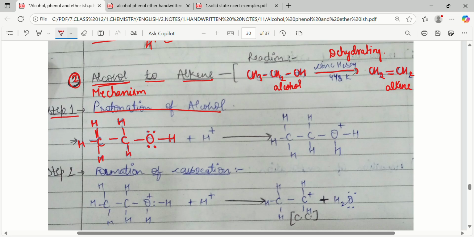Ash? What we are doing is protonation of alcohol. So with alcohol, you have to attack this H positive. But I must say it is not the H positive which attacks actually; it is the electron rich species which attacks the electrophile, but it doesn't matter for now.